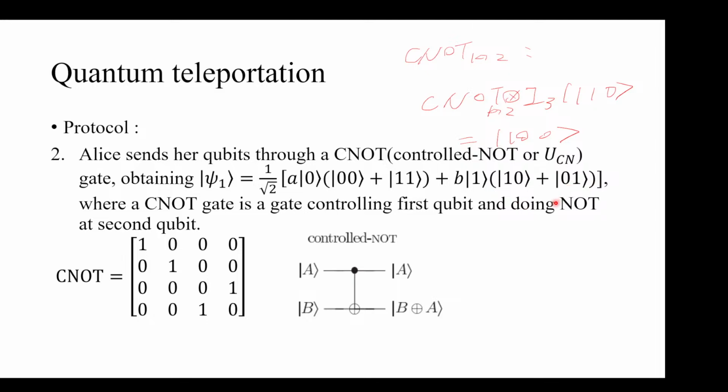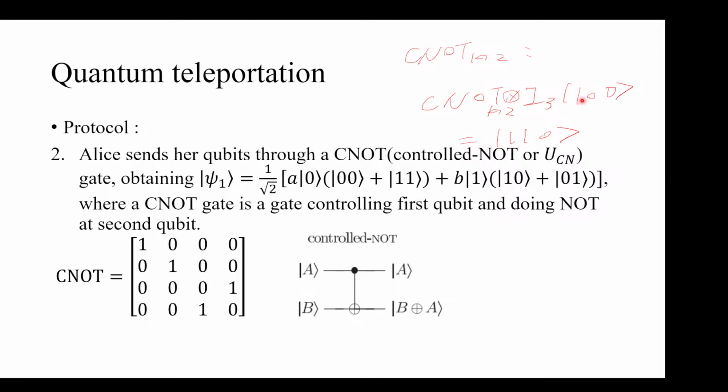Sorry, this is not the actual example we have. It will turn 110 to 100, but what we have is 100, and we add this 1 onto the 0, so it becomes 110. That's the CNOT with control on the first qubit and target on the second qubit.